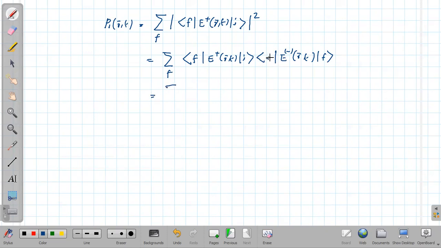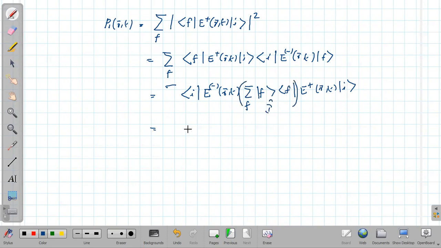So just rearranging it, we can write this term first, and it becomes ⟨i|E⁻(r,t). The summation can be taken to the inside, the sum over f of |f⟩⟨f|, E⁺(r,t)|i⟩, and hence using the completeness relation, this would be equal to the identity operator.